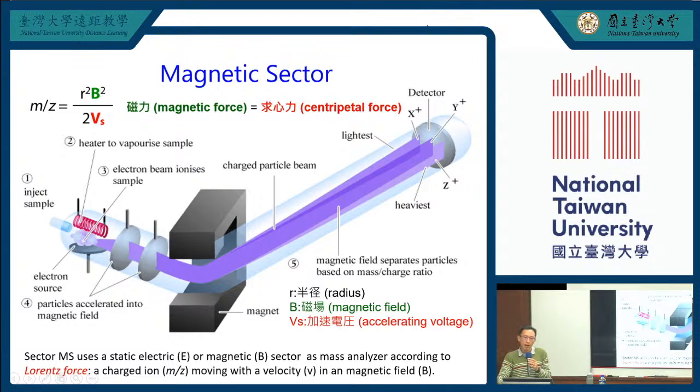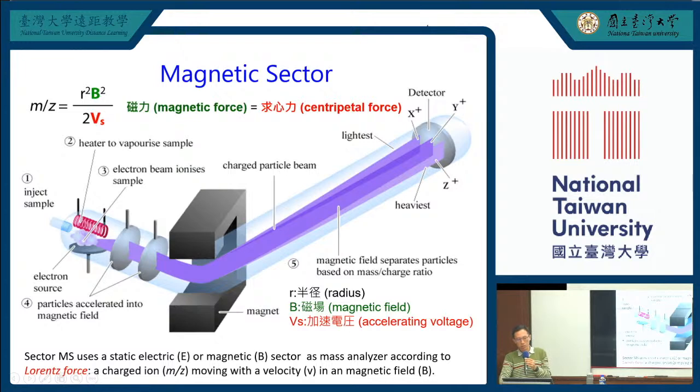The bigger, heavier ions are affected less, and the small ions or ions with more charge are affected more. So the ions here are deflected by the magnetic or electric field and then go into the detector. So we can differentiate different molecular weights by this technique.